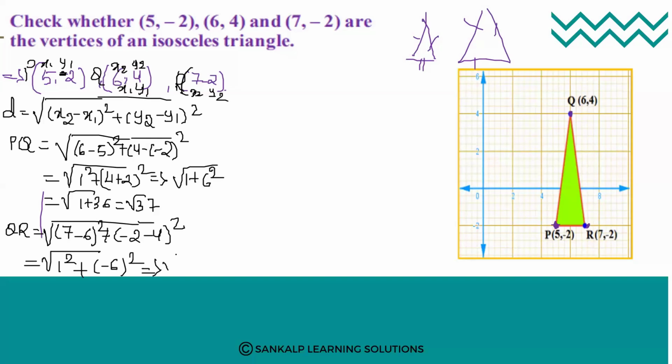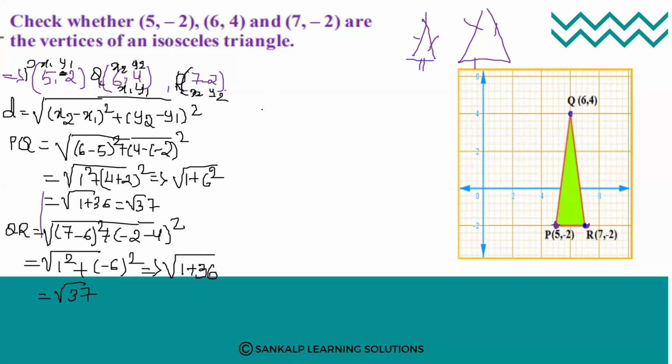That means 1 square is 1, plus 36. You will get root 37. Yes, this is also root 37. Two sides are equal. Check the third side.